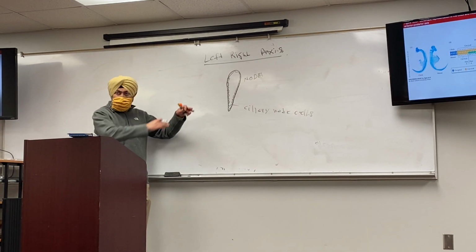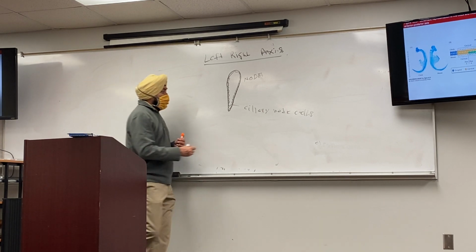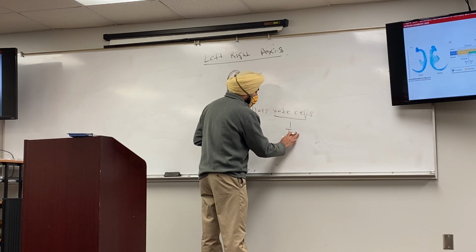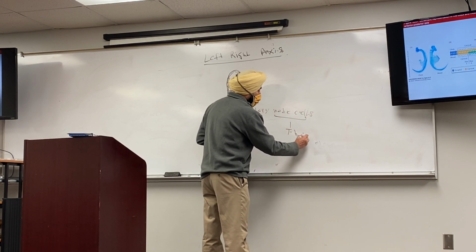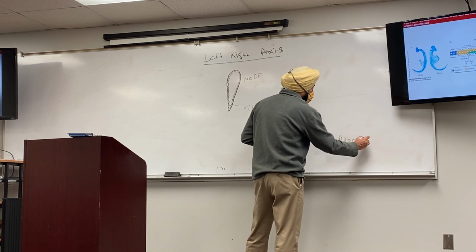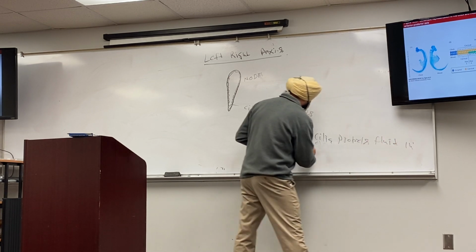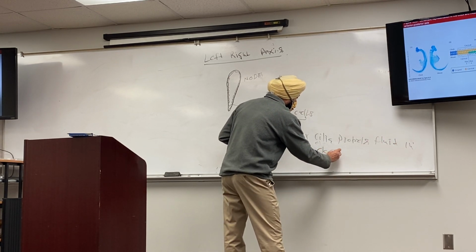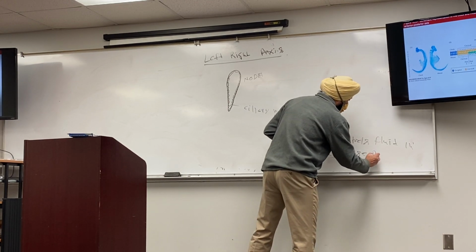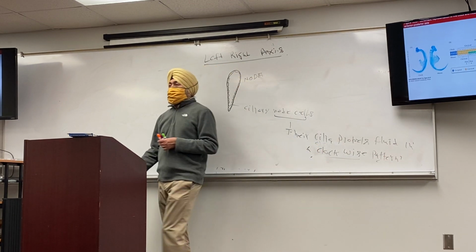What the cilia of the ciliary node cells do in the developing embryo is propel fluid in a clockwise pattern.